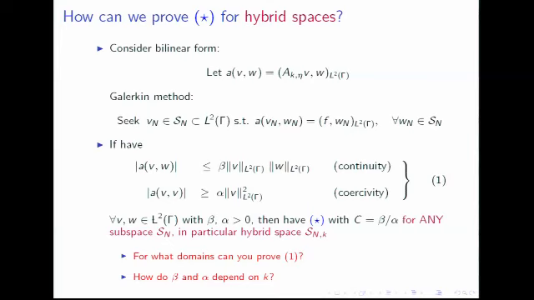So this is what we want. Then the challenge for us is to find out for what domains we can prove these two properties, and how the constants beta and alpha depend on k, because the constant in quasi-optimality is then given by the ratio of beta over alpha.